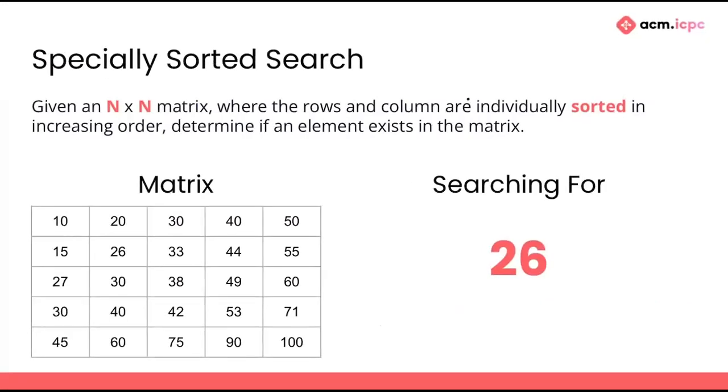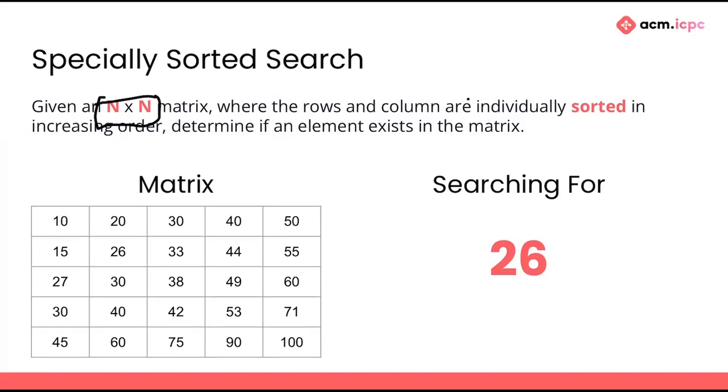So this problem is intentionally vague. So what are some things that come to mind that are not listed in the problem but might be helpful to know? Well, first of all, I see this.